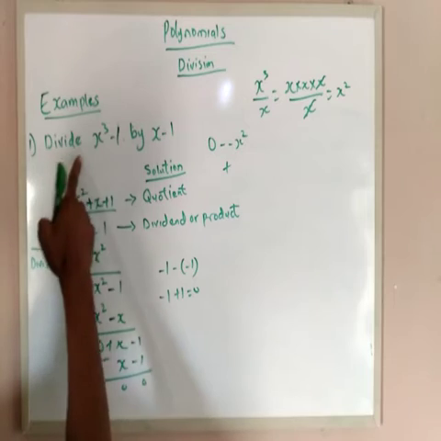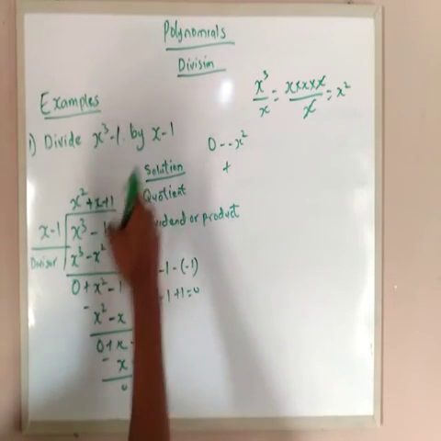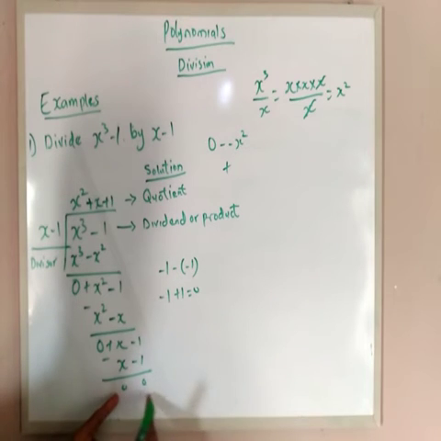So when we divide x raised to power 3 minus 1 by x minus 1, we have no remainder at all. Everything is 0.